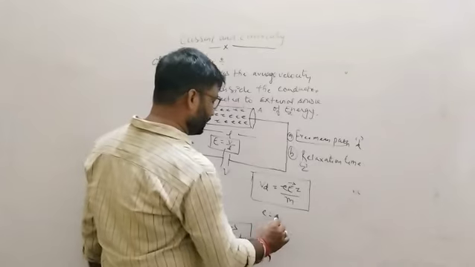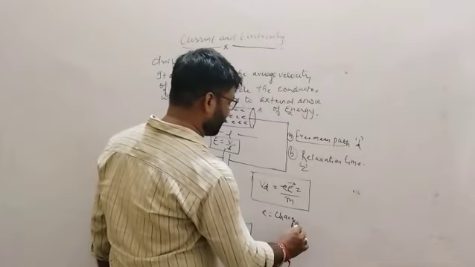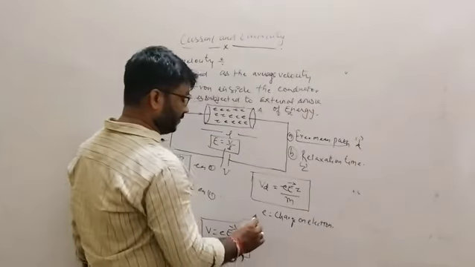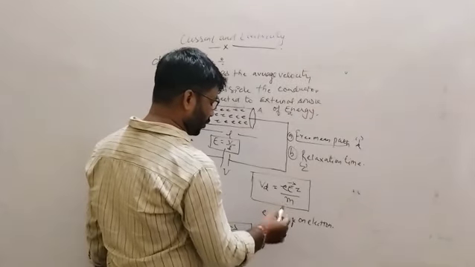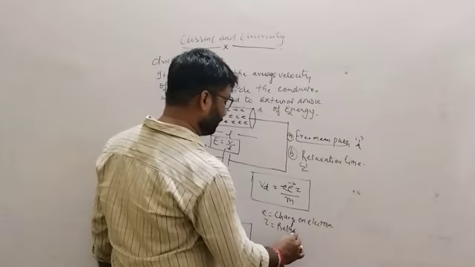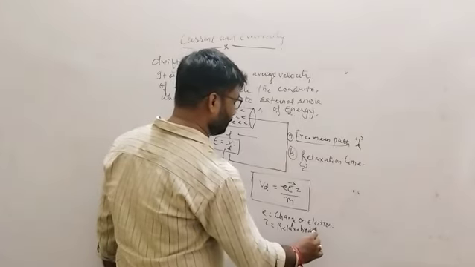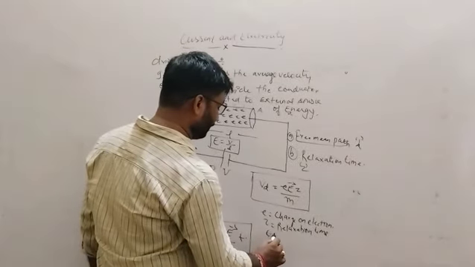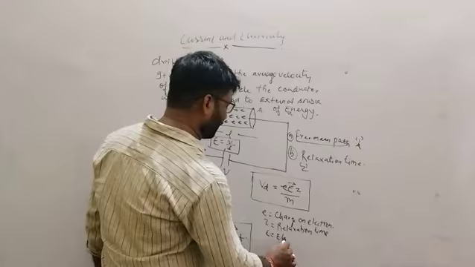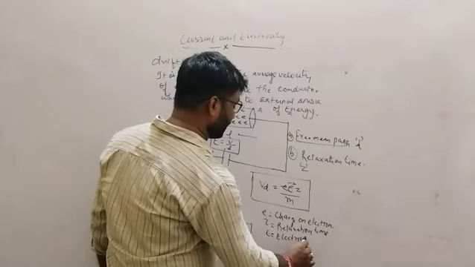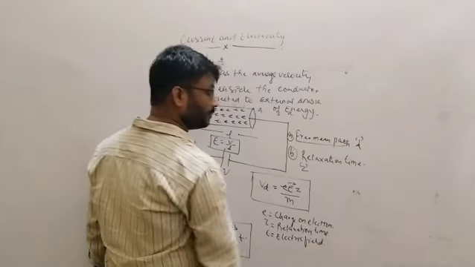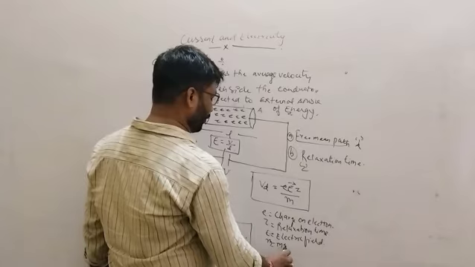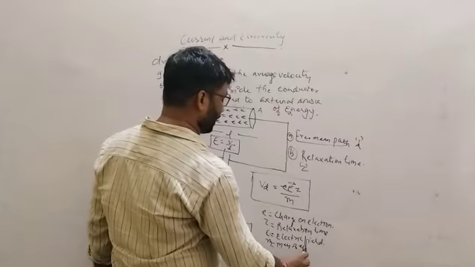Here e is the charge on the electron, tau is the relaxation time, E is the electric field established, and m is the mass of the electron.